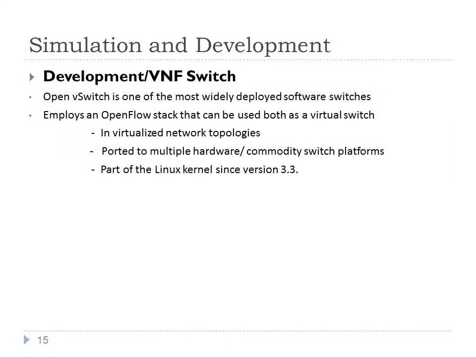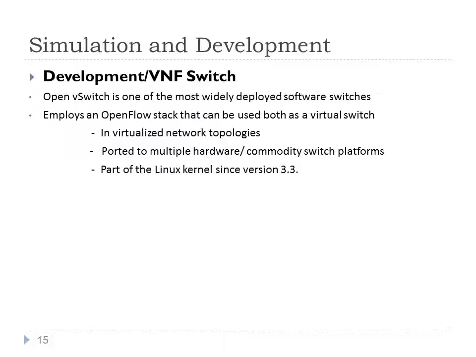The simulation and development use of software defined networking again depends on a range of utilities. One of the most important ones is the Open vSwitch. It is one of the most widely deployed software switches and it employs the OpenFlow stack, which runs in the background on the Open vSwitch instances.